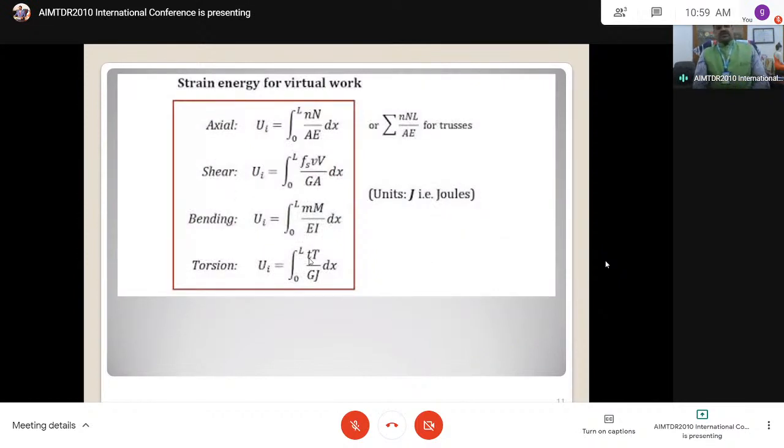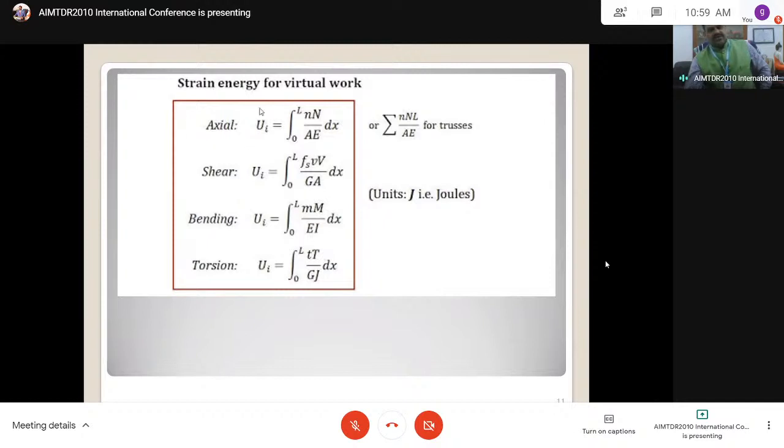Now sometimes, if you are considering internal forces, it can be a bar or a truss, axial force in bar and truss. Beam consists of bending moment and shear force. Torsion consists of, again, shear or torque. Here M is a bending moment, T is a torque.